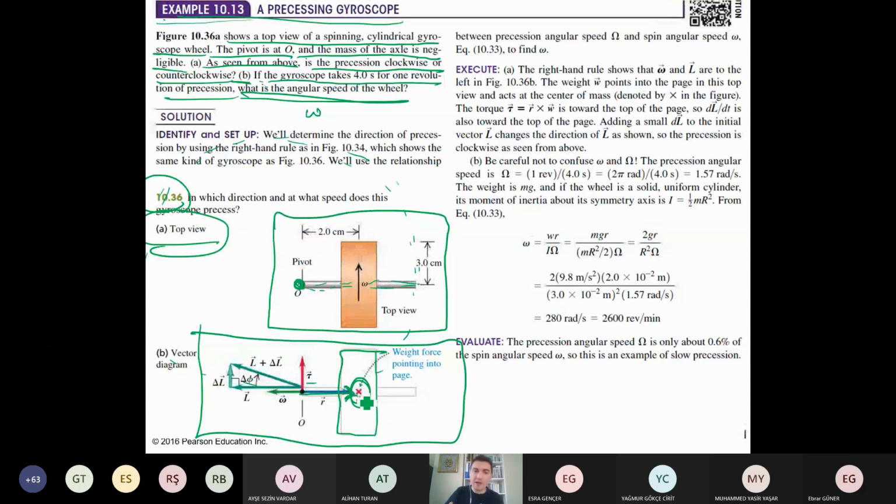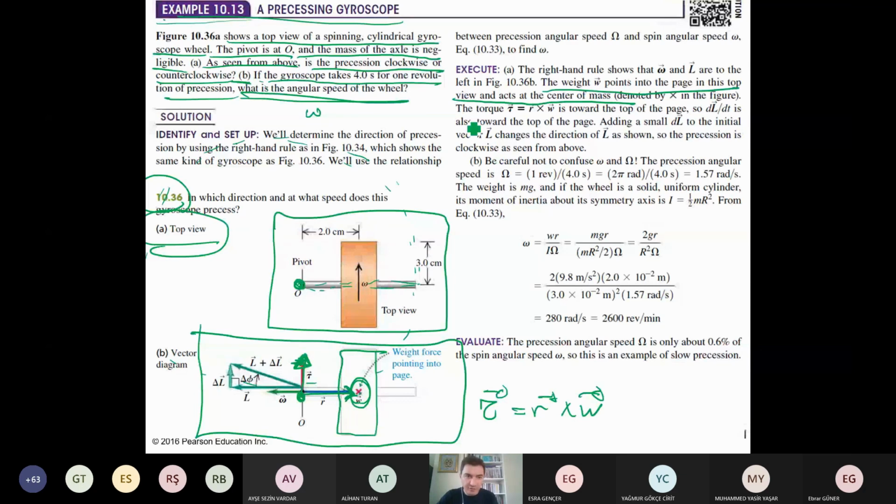If you apply the right-hand rule, the torque is given by R vector product weight, and this is the direction of the torque applied by the weight. And what about the angular momentum? So the weight points into the page in this top view and acts at the center of mass, and the torque toward the top of the page.